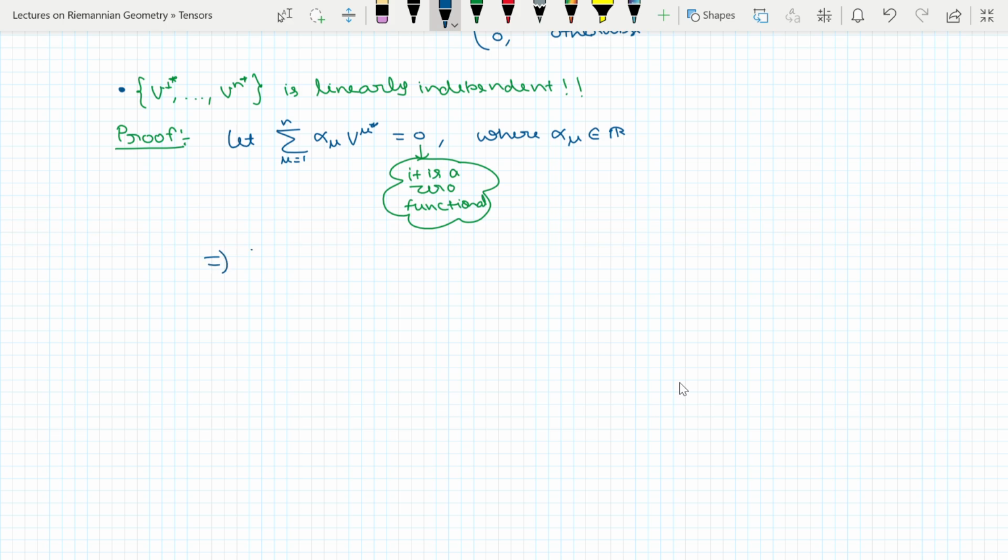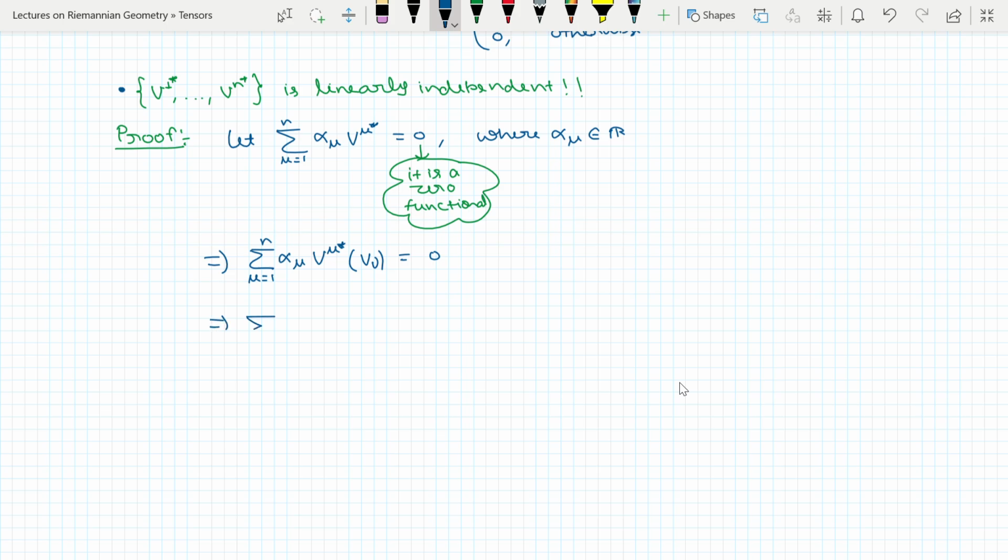What will that give us? That will give us summation mu equals 1 to n of alpha mu v mu star v nu equals 0, because when the 0 operator operates on something, it will give you 0.